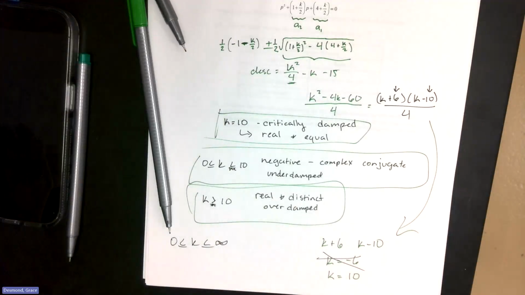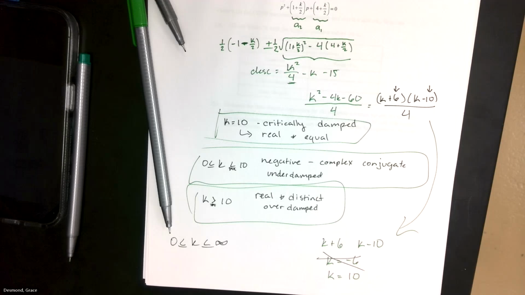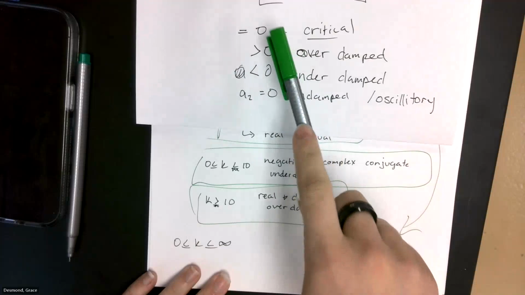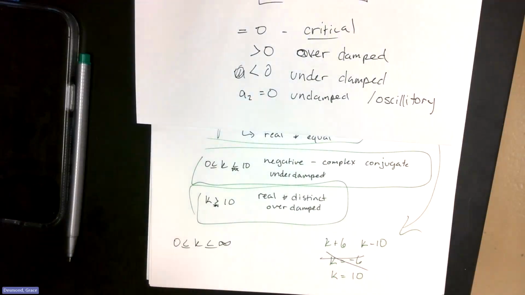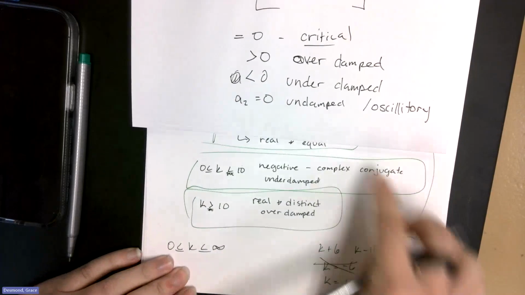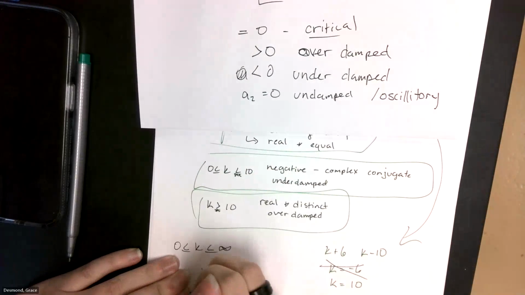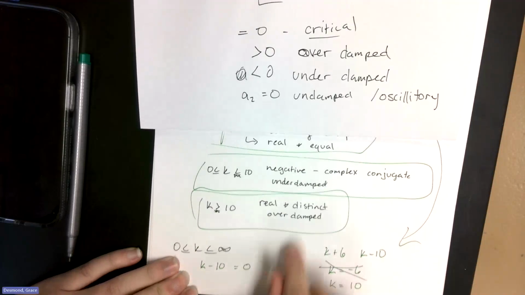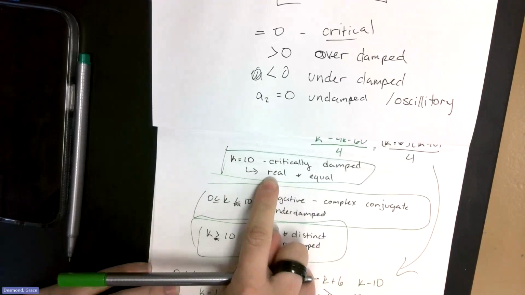If that discriminant is equal to 0, so if it's the square root of 0, that's when it's critically damped. So if k minus 10 is equal to 0, we know that k is equal to 10. That is specifically where it's critically damped.